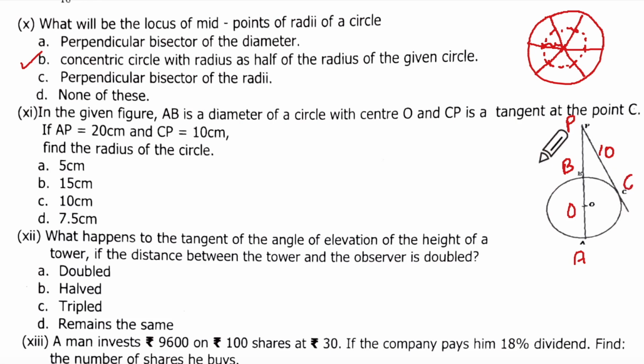This is 10 and AP is from here to here. They say find the radius of the circle. So I'm going to write here R and I'm going to write here R. Okay. So tell me, which theorem are you going to use? PC square equal to. Which property are we going to use?